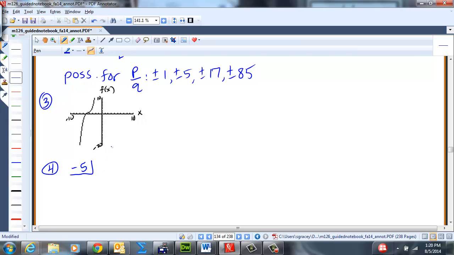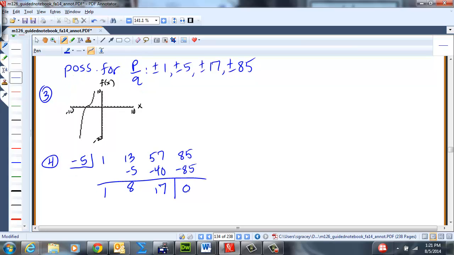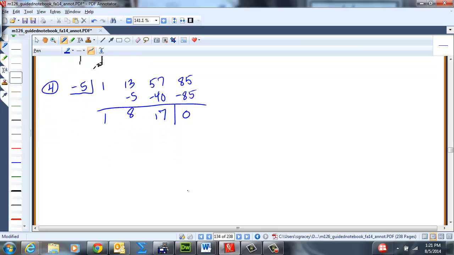Our coefficients were 1, 13, 57, and 85. So here we go. And that's a winner. So writing the depressed equation, we started out with f of x equal to x cubed plus 13x squared plus 57x plus 85.